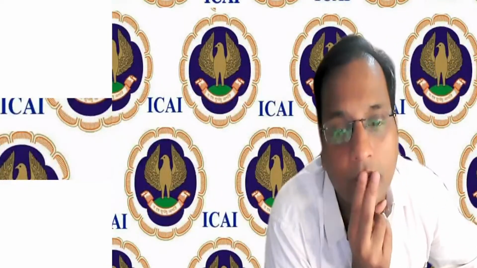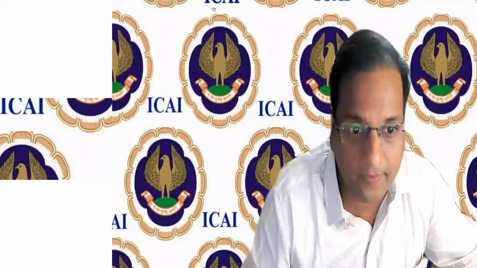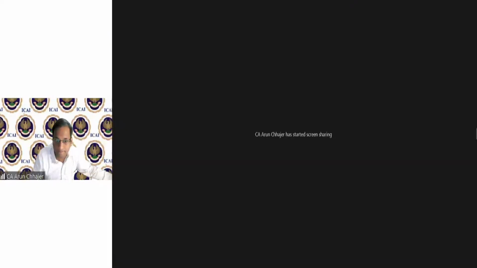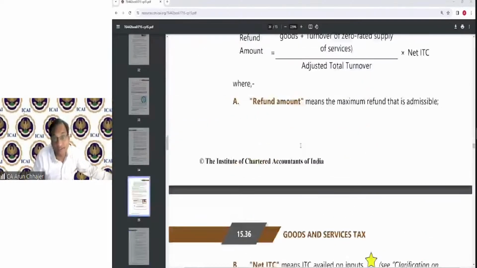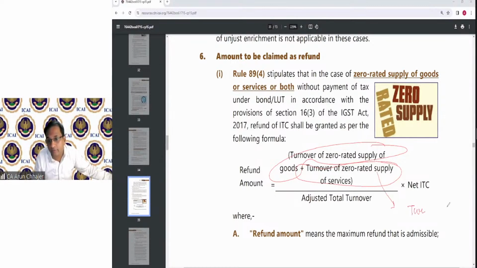Now we are talking about, now you see, turnover of zero rated supply of goods and turnover of zero rated supply of services.